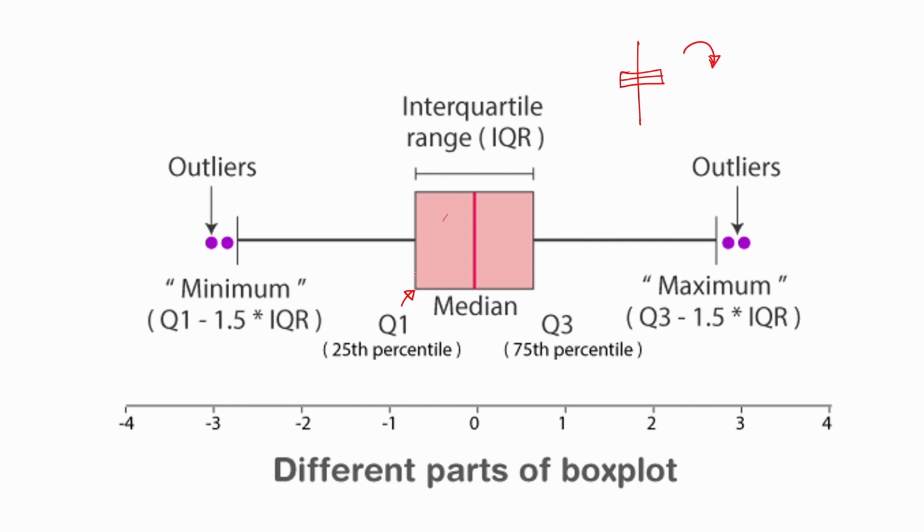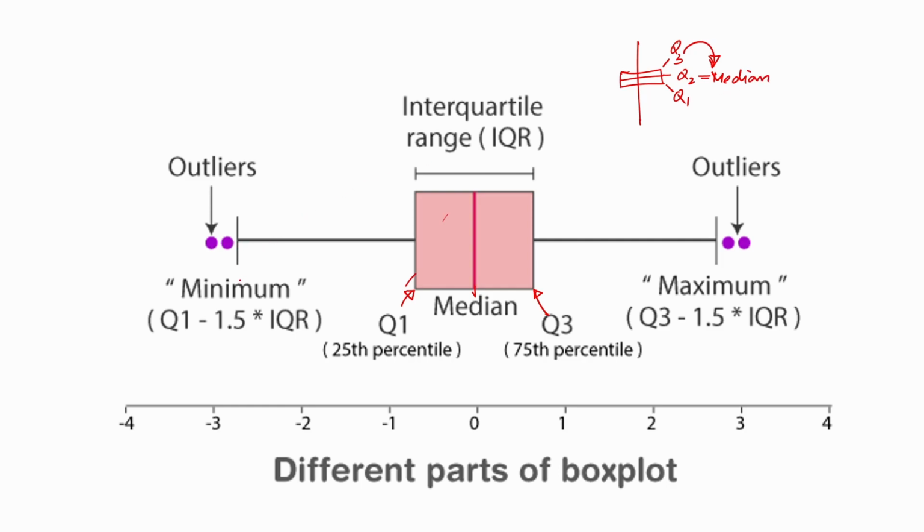The first line here is quartile 1, and this is quartile 3. The middle line is quartile 2, which is the median.